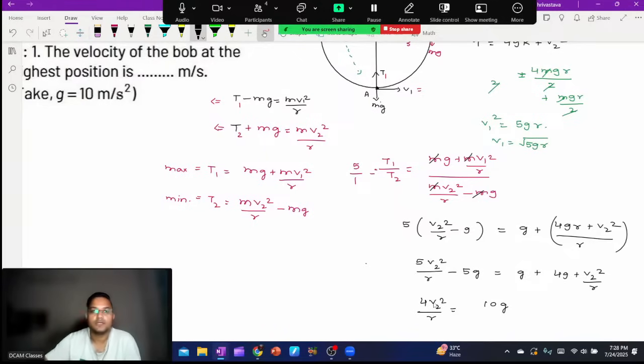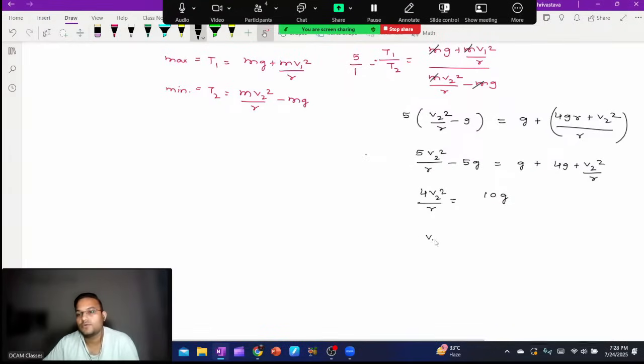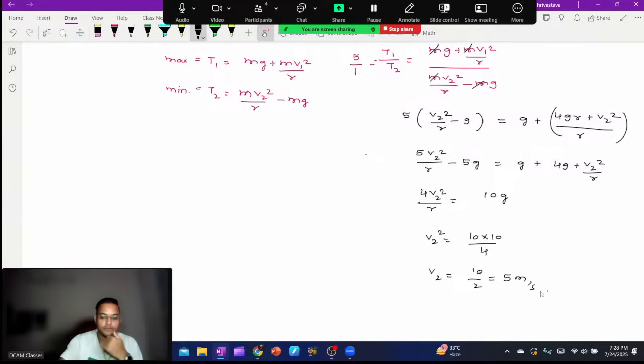So r is what? They have given 1 meter, no? So V2 square will be equal to 10 into 10 divided by 4. Now you'll get the answer. V2 is equal to 10 by 2, so 5 meter per second. Now correct. This is the answer they have given. Okay, sir.